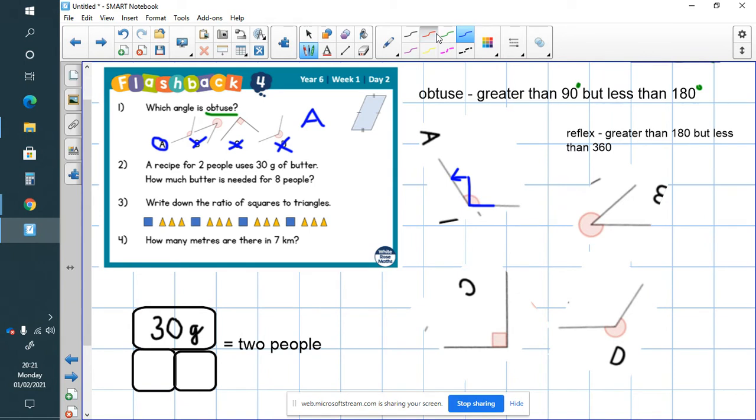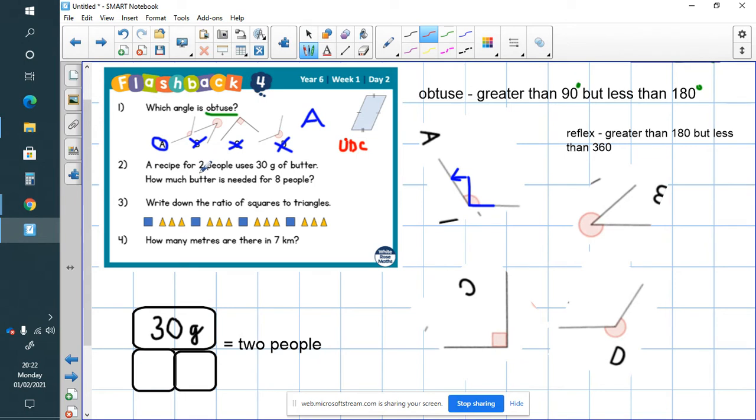Okay, let's have a look at question 2 together. Now I can see this is a word problem, so I use my acronym UDC to help me remember the steps. So the first thing I've got to do is read and underline the important information to understand what the question is asking of me.